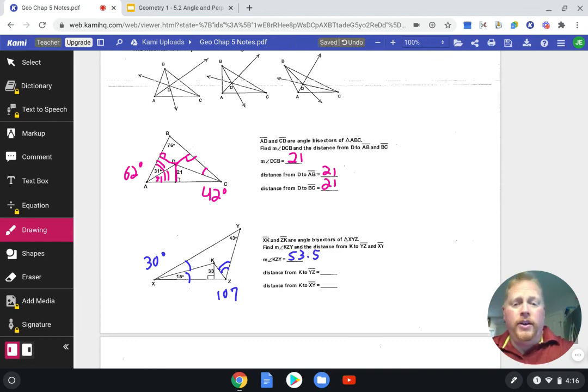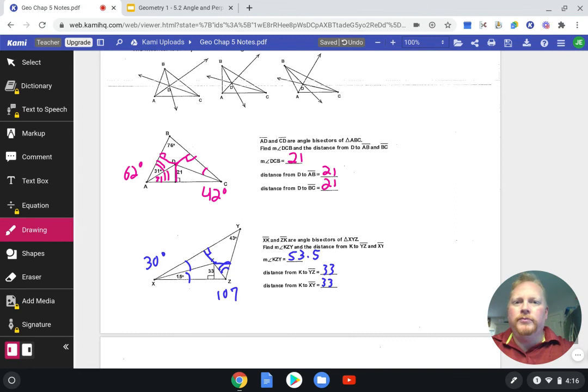Last two things it wants to know: the distance from K to YZ. Since K to XZ is 33, K to YZ is also 33. And the distance from K to XY, that's also going to be 33.